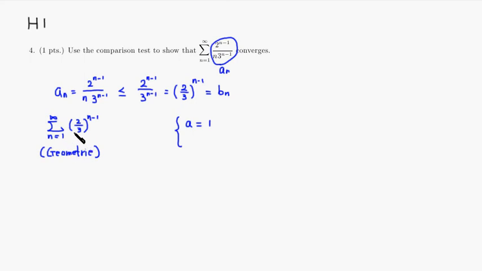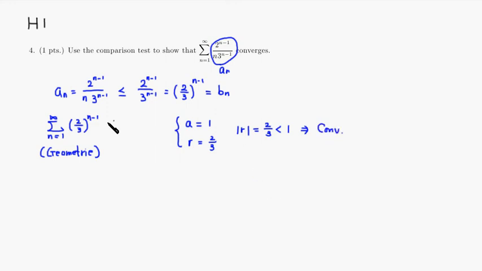And r is going to be, every time you increase the value of n, you're multiplying by 2/3 to get to the next term. So the r value is 2/3. The absolute value of r is of course 2/3, which is smaller than 1, which makes this a convergent geometric series.